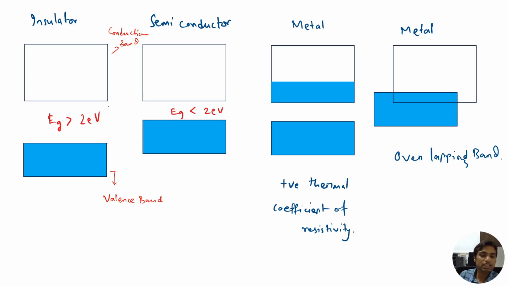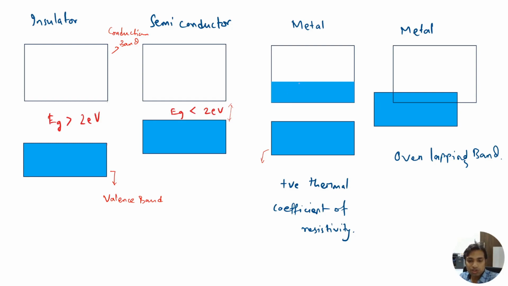Now if the energy gap between these two bands is more than 2 electron volt, we will call it an insulator. If it is less than 2 electron volt, we will call it a semiconductor. And there will be some systems in which the valency band is totally filled, but there are more electrons, so those electrons will occupy some of the energy levels in the conduction band as well.